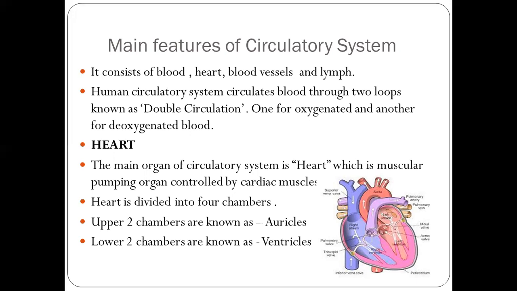Here we can see a small diagram of the heart, which is divided into two parts, right and left. So this heart is divided into four chambers. The upper chambers are known as auricles and the lower chambers are known as ventricles.